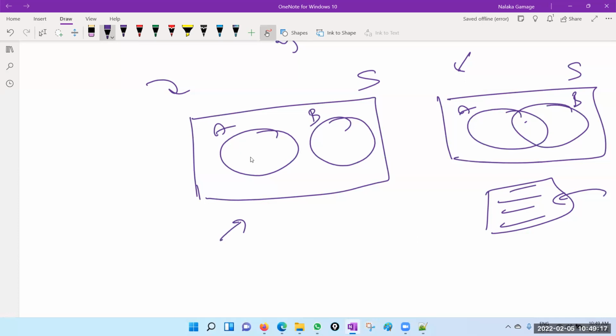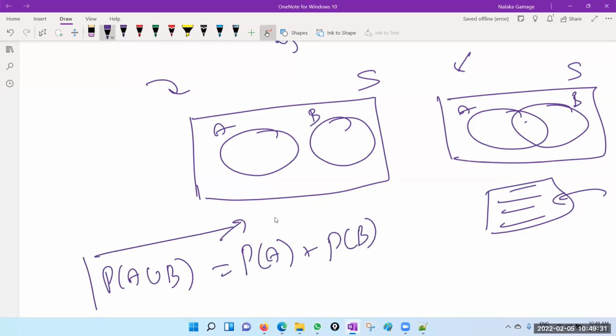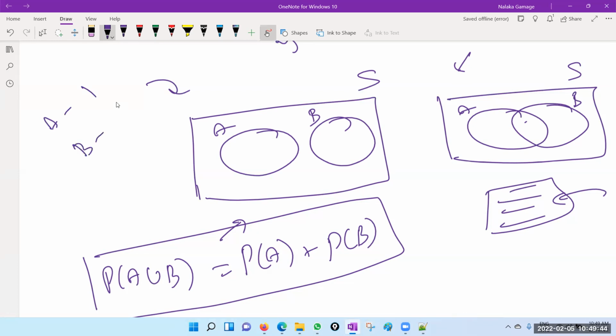Right. So here, if A and B are mutually exclusive, we have a special scenario. The probability of A or B happening is the probability of A plus the probability of B. That is true if they are mutually exclusive. For example, A is getting 1, and B is getting 6.